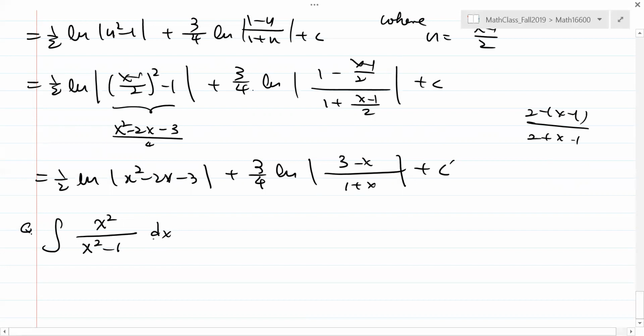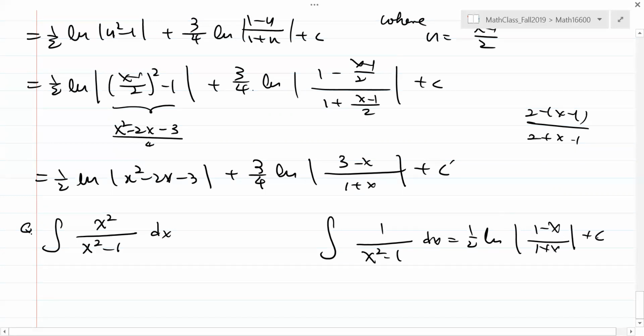I already simplified the denominator, just x squared minus 1. Okay. Without x squared in the numerator, I know this is a formula, right? It's going to be half of the natural log of (1 minus x) over (1 plus x), plus constant.